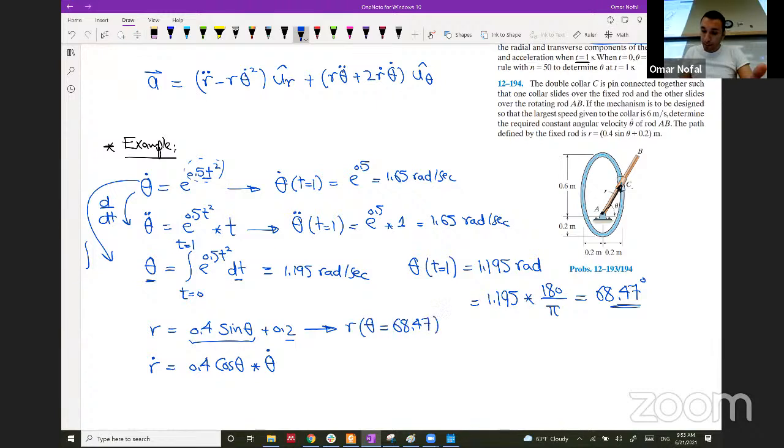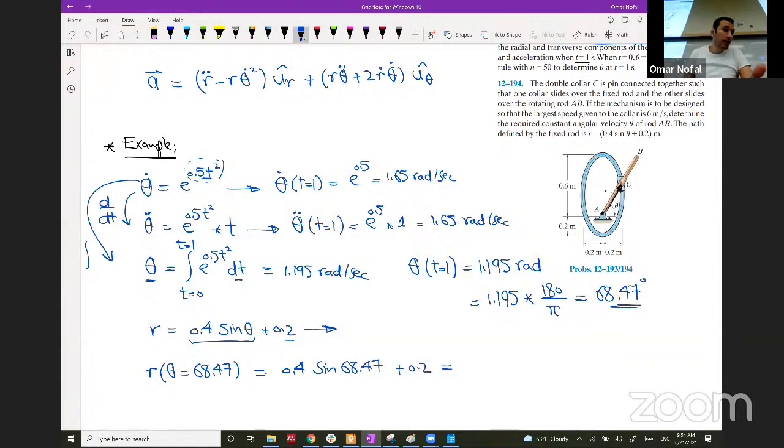86.47 should be equal to, when you substitute, 0.4 sine 86.47 plus 0.2.